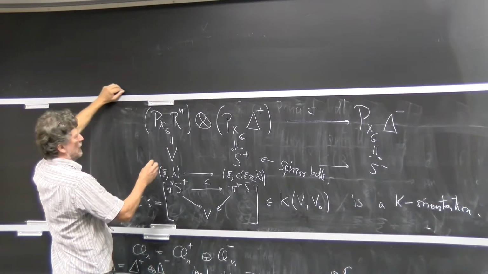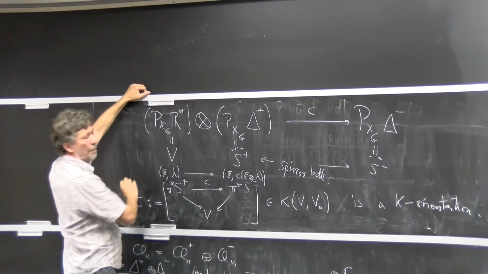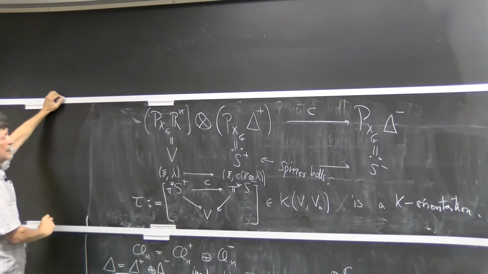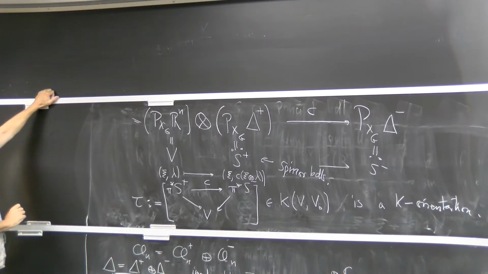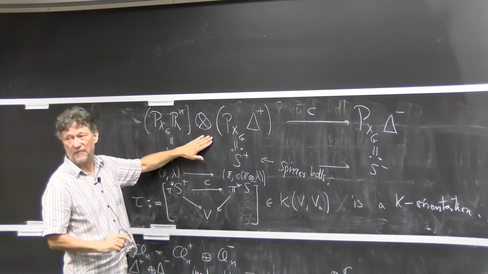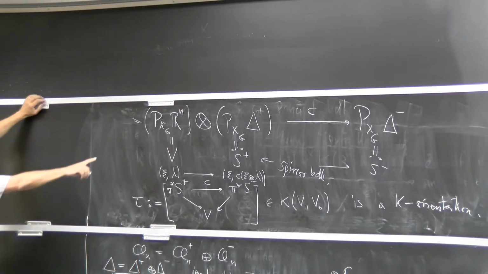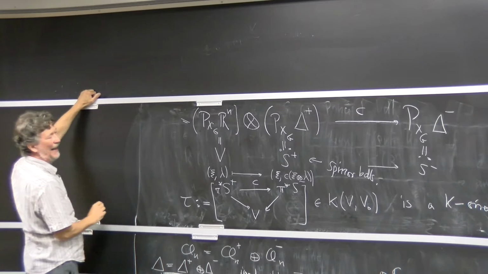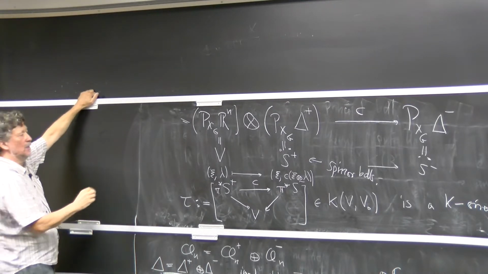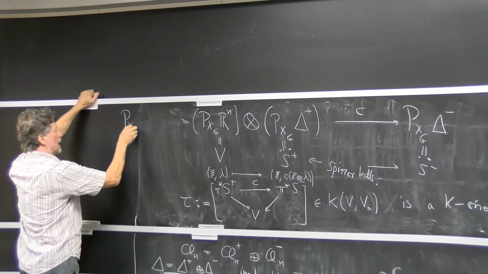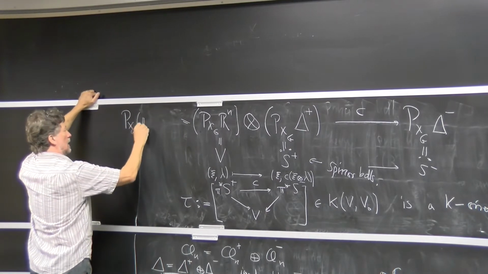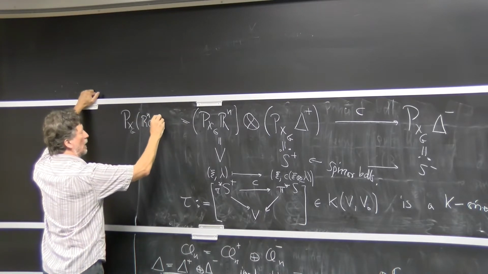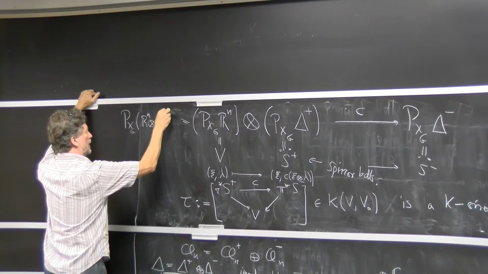So what I need to do is, I look at, yeah, so one thing I can do is I can say, oh, this associated bundle. So the question was, how do I get this map, right? One observation is that the tensor product construction is compatible with the associated bundle construction, meaning I can rewrite this as saying, oh, I take the representation of G that's given by the tensor product of the representation Rn and delta plus.